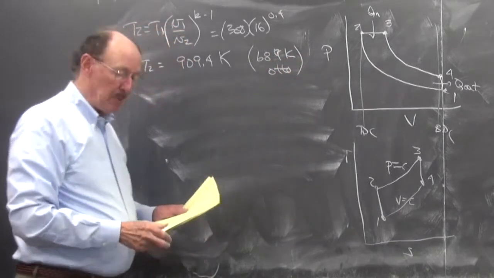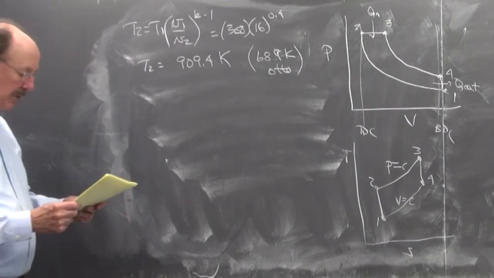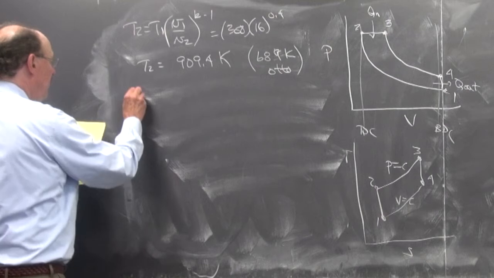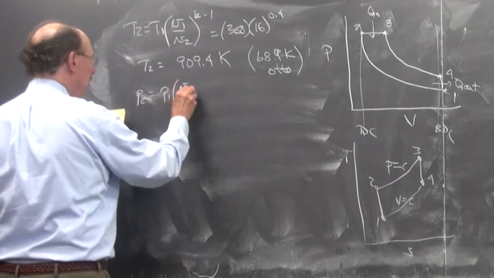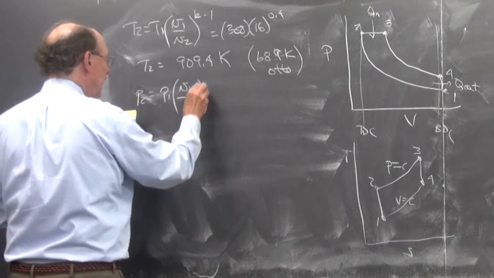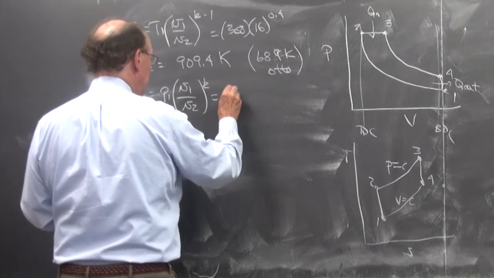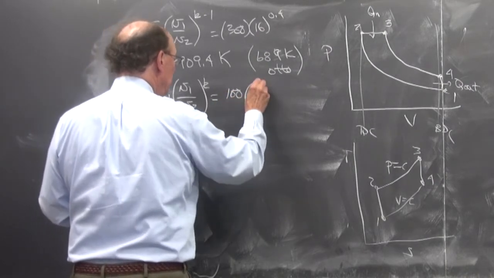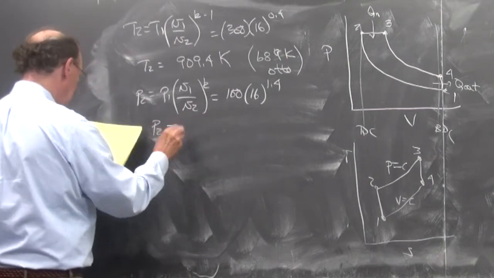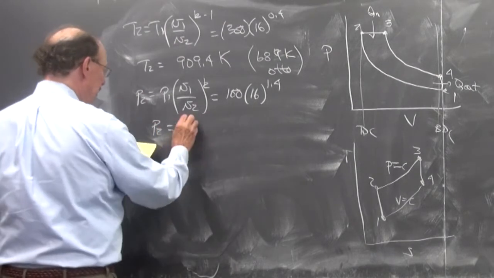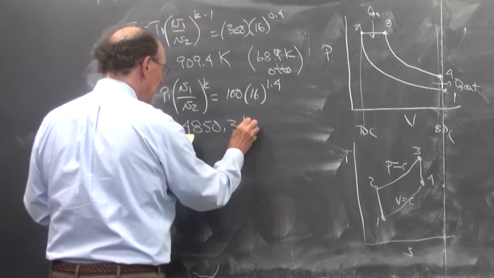In the last problem, if you refer back, it was 689. And I can find the pressure, P2, is equal to P1 times (V1 over V2) to the k, which is 100 times 16 to the 1.4, or P2 is equal to 4850.3 kPa.